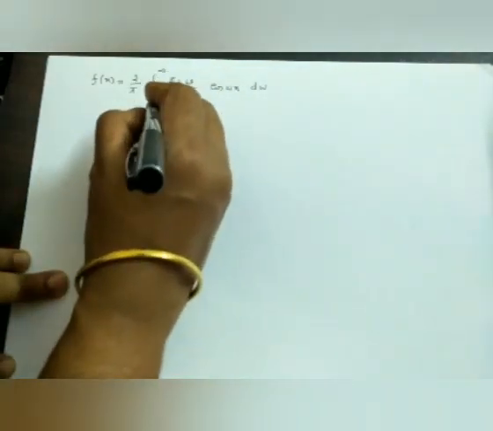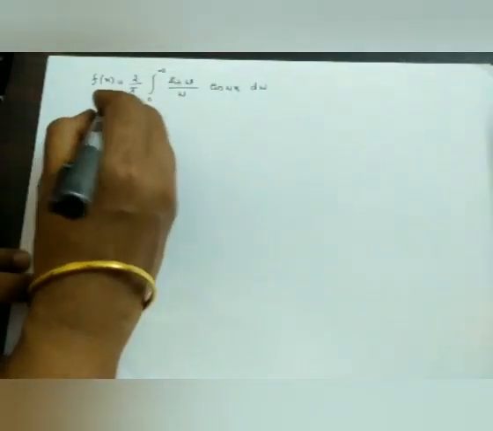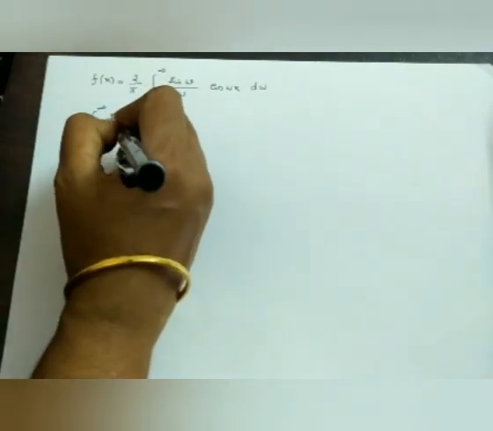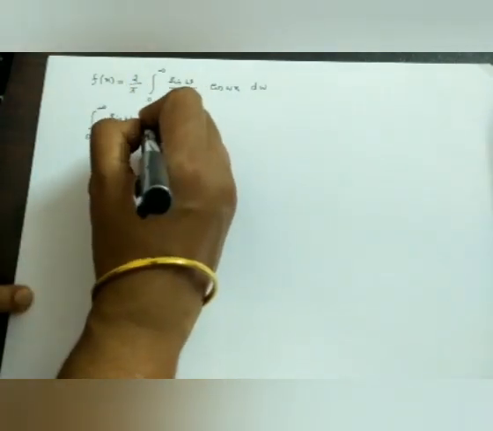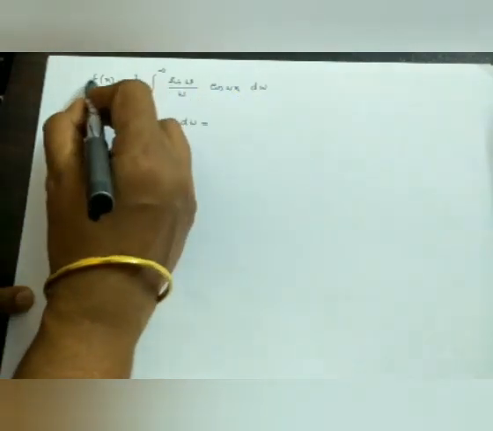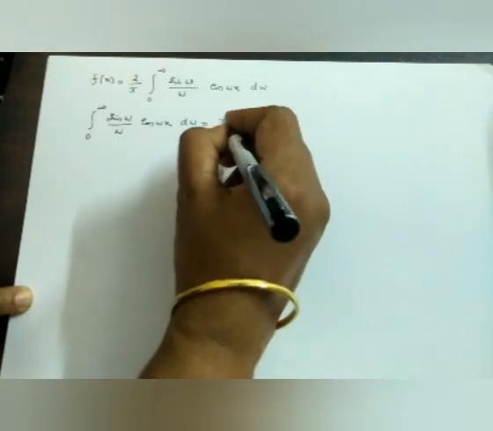Now we can evaluate this integral, that is the integral from 0 to infinity. Taking the right hand side, sin omega by omega cos omega x d omega, which is equal to pi by 2 into f of x.